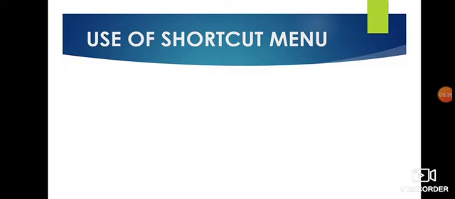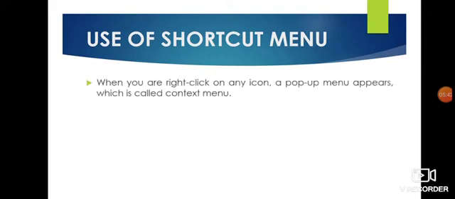Now, use of shortcut menu. This is the last topic of our chapter. Shortcut menu means when we right click on any icon, a pop-up menu appears, which is called the context menu. Whenever you click anywhere on the desktop as well as on an icon, you can see a pop-up menu with lots of options.